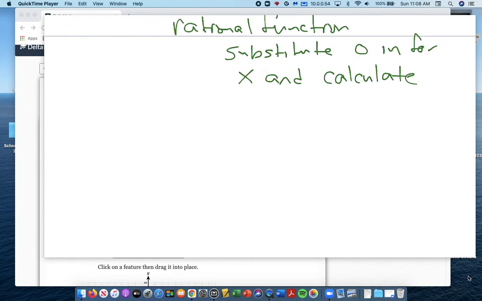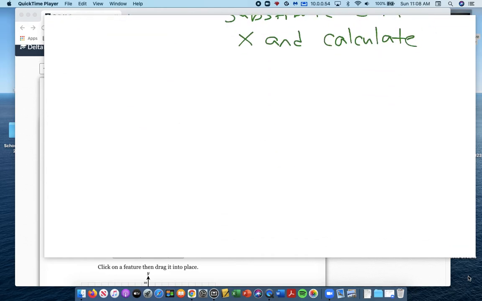Then we get to some other things, horizontal asymptotes. I think that's the next easiest thing to talk about. Horizontal asymptotes, remember, there's three cases.